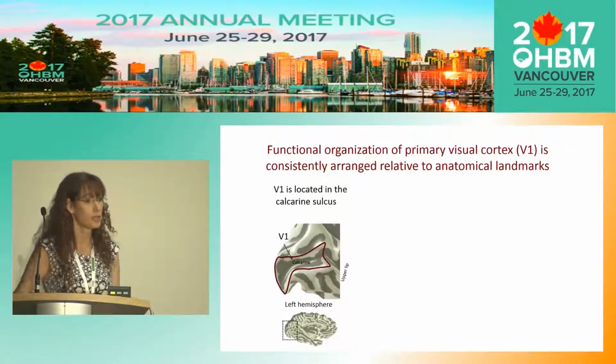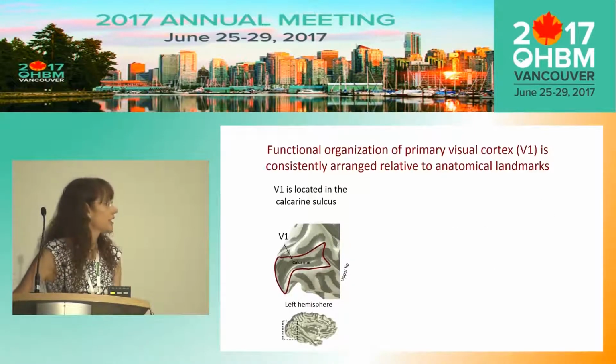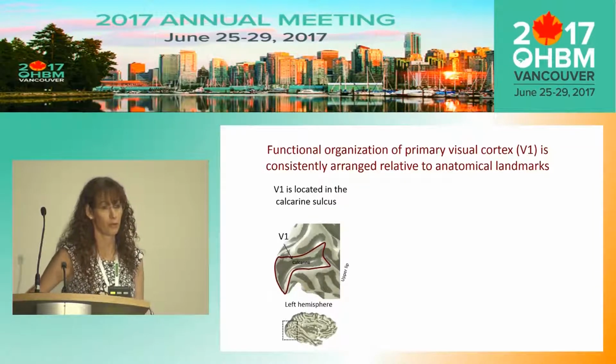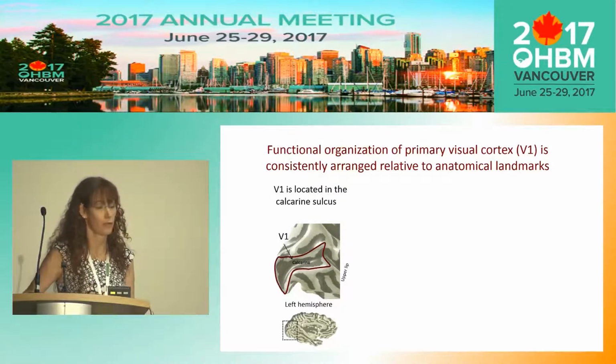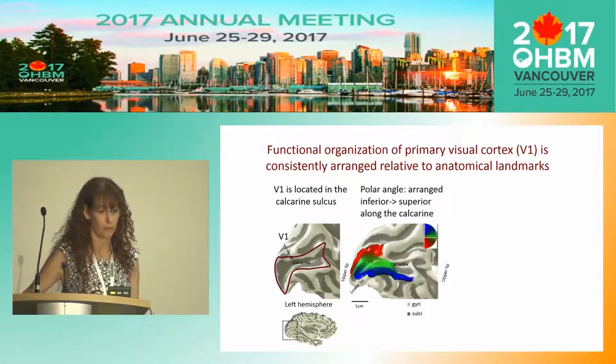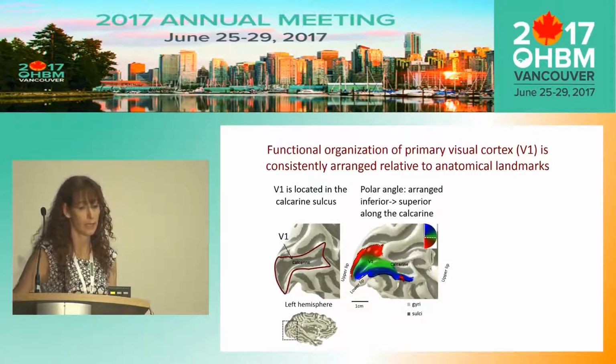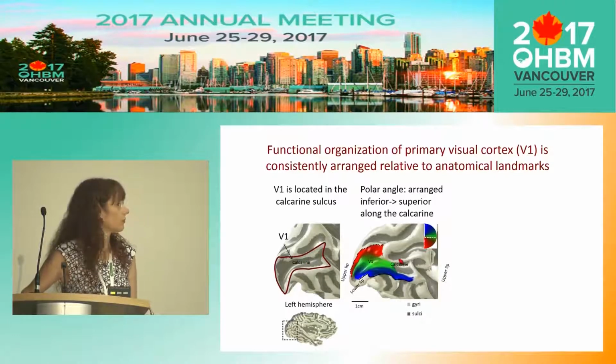So there's a large body of research suggesting that in primary visual cortex, or V1, there's a very strong coupling between function and structure. For example, in every participant's brain, V1 is always within the same macroanatomical structure, the calcarine sulcus. Not only is V1 found in the same part of cortex, but there is a very strong relationship between visual field representation and macroanatomy.